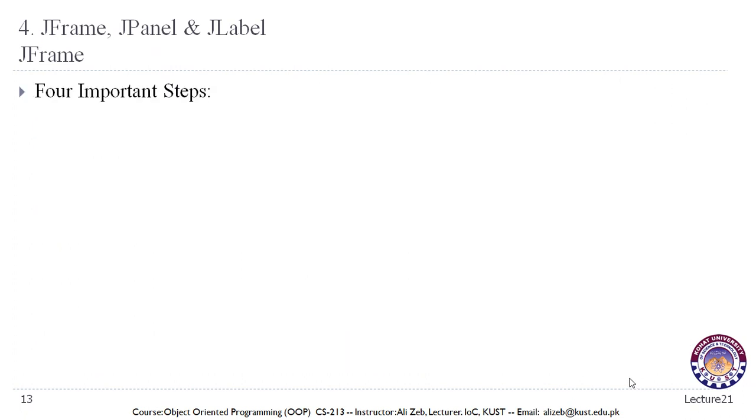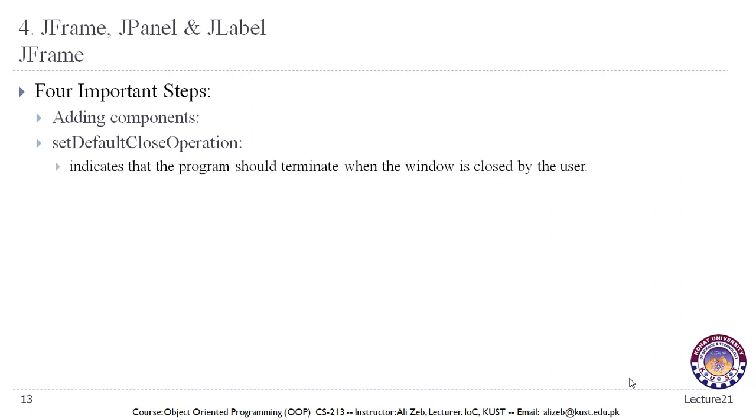JFrame, four important steps. Adding components. Set default close operation. Set default close operation allows us to choose what will be the default when we click the close button. It indicates that the program should terminate when the window is closed by the user. This is an important thing to choose.